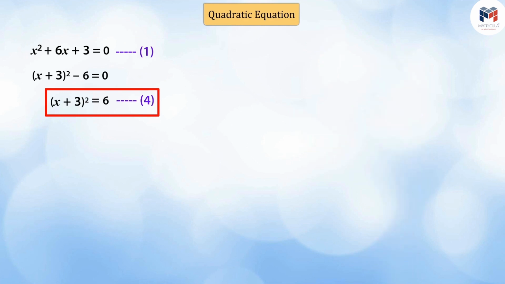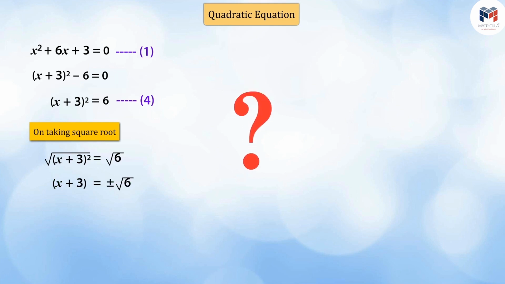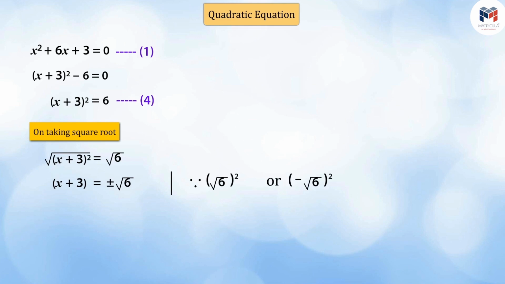Well done! If we take the square roots of both the sides of equation 4, we get x plus 3 equal to plus minus root 6. Can you tell me why we didn't just consider positive root 6? That's because the square of both positive root 6 and negative root 6 is 6.